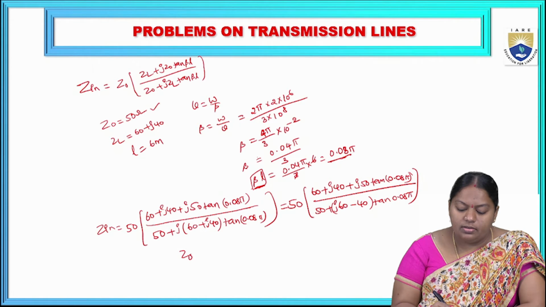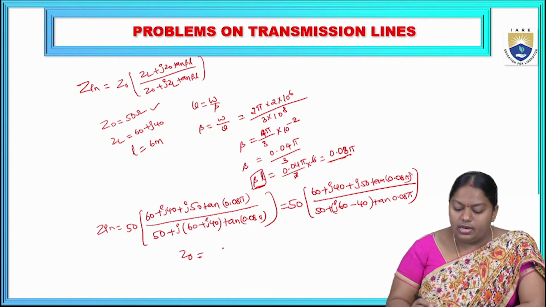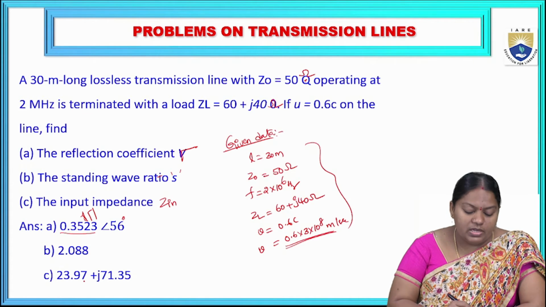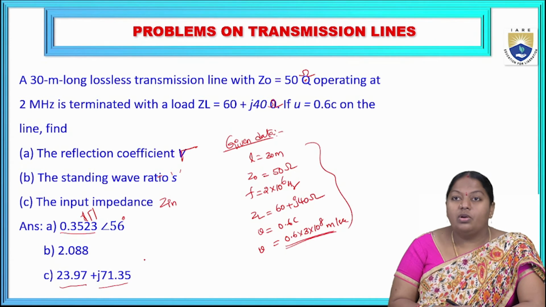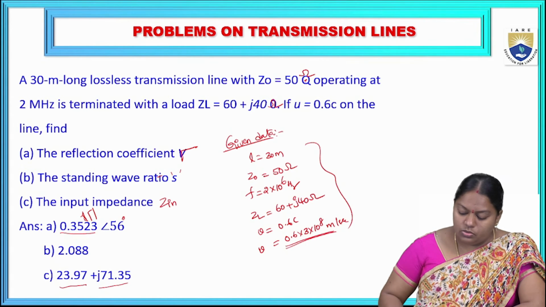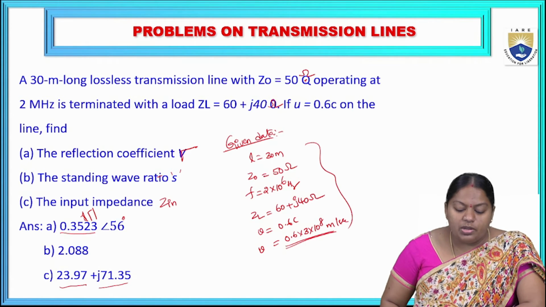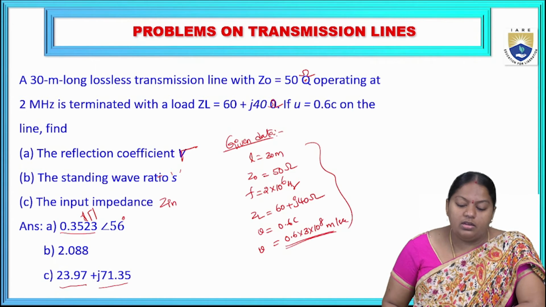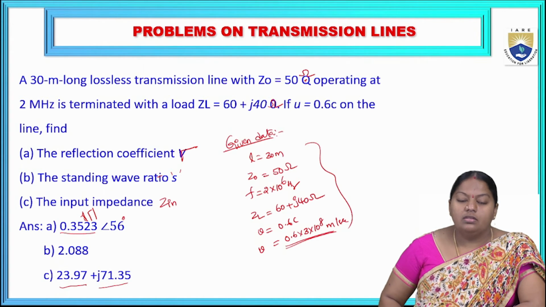If you evaluate this, finally it will be expressed in complex form, with the real part 23.97 and the imaginary part j71.35. So this is the way input impedance, reflection coefficient and standing wave ratio are evaluated with the help of the given sum.